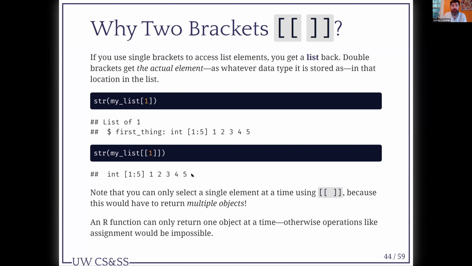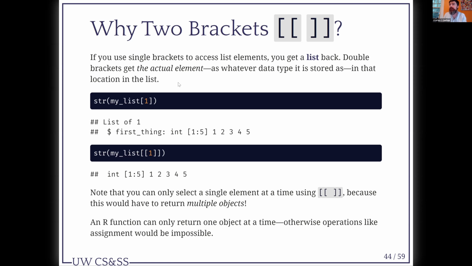R cannot do that. Thus, if you want multiple elements of a list at the same time, you subset with single brackets and then they pop out however many elements there are as a list containing all those elements. So the gist of it is, if you want multiple parts of a list, that is multiple elements, use single brackets to subset it. If you want a single element of a list, use double brackets and you'll get the actual contents of that element out.